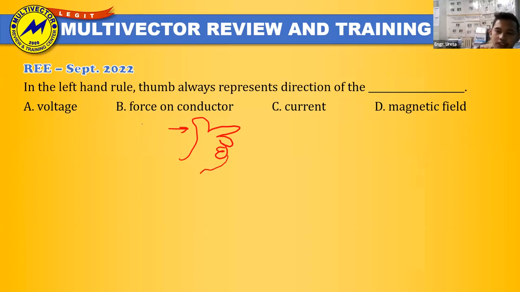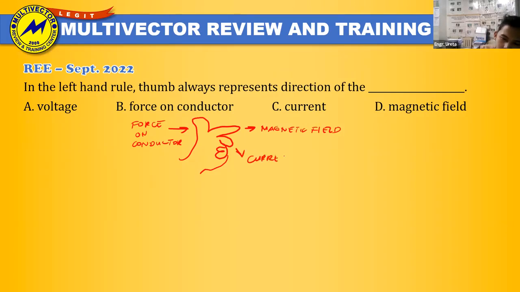This thumb represents the force ng conductor. The index finger represents the direction of the magnetic field. And syempre, yung ating middle finger represents the current.